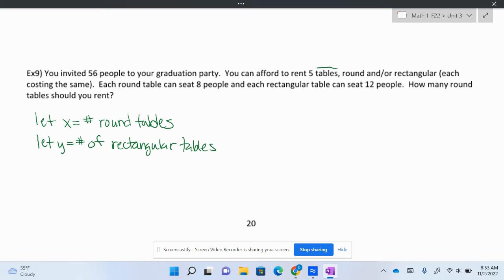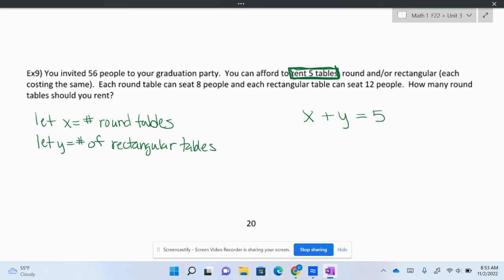I can afford to rent 5 tables. That's the first thing that's important. So that means that what? That means that the number of round tables plus the number of rectangle tables has to equal 5.